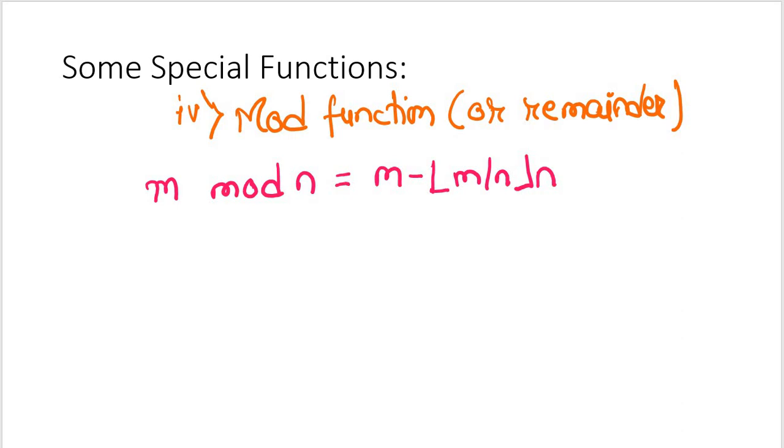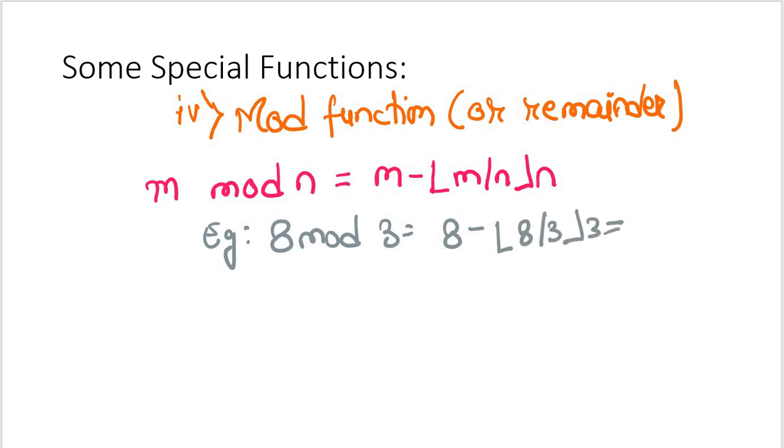For example, let's say I have 8 mod 3, simple one. So it will be 8 minus 3 times the floor of 8 by 3, which is 2 point something, once again floor 2. 2 threes are 6, 8 minus 6 is 2.